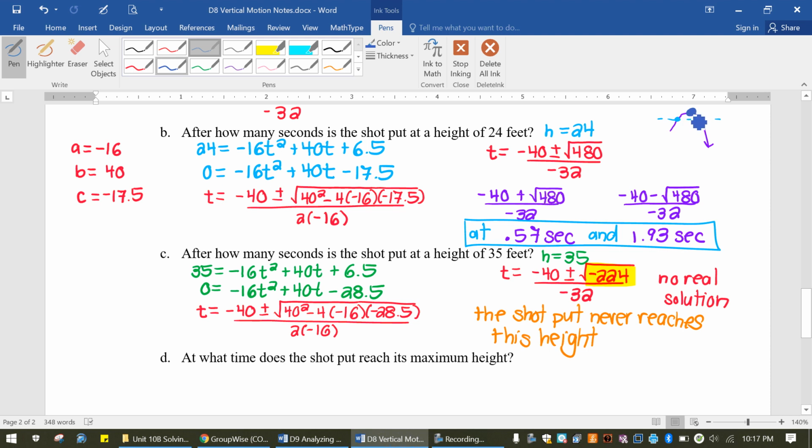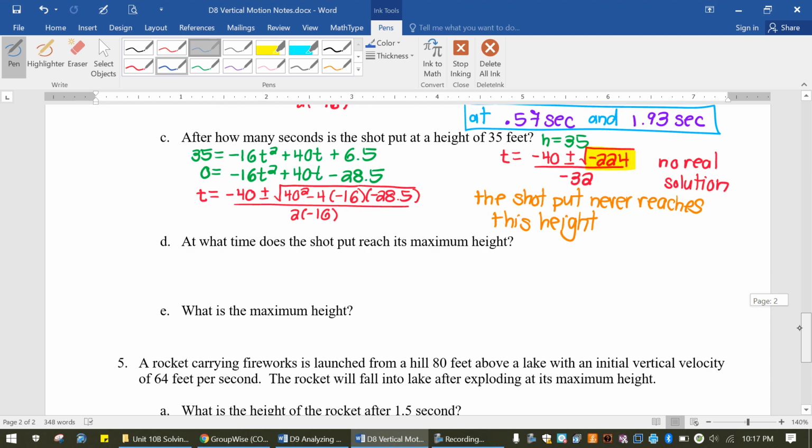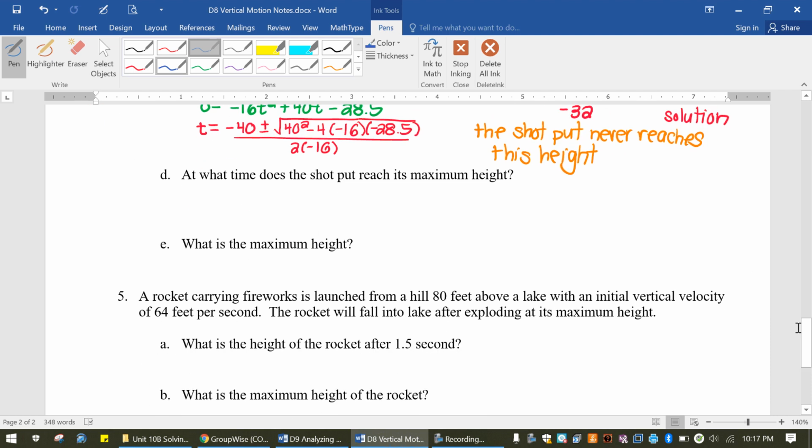Maximum height means that we're looking for the vertex. What we did is take the x-coordinate of the vertex, being the opposite of b over 2a.